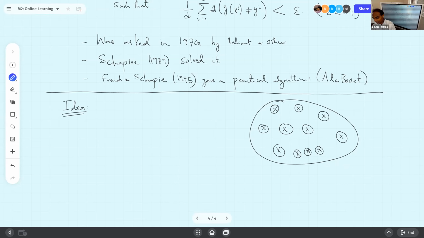Right? So let's say I don't know anything to begin with. So maybe initially I just pick the entire data set. I ask the weak learner, give me something which is good on this entire data set. And the weak learner says, okay, here's something. How many points do you have? 1, 2, 3, 4, 5, 6.